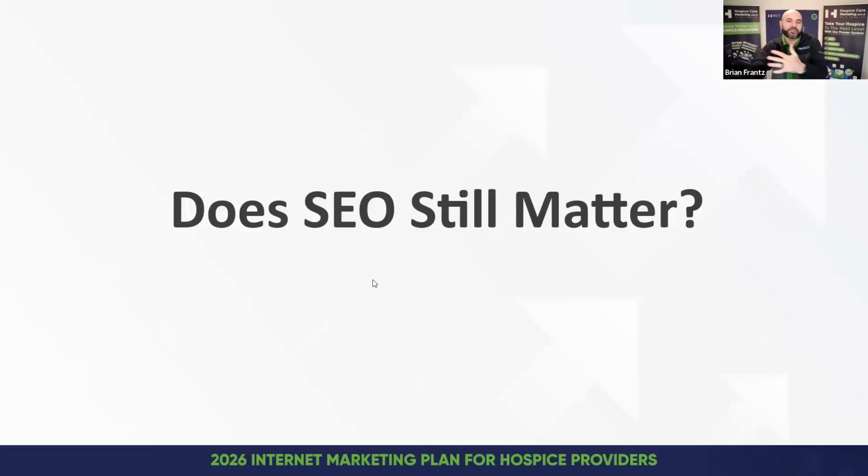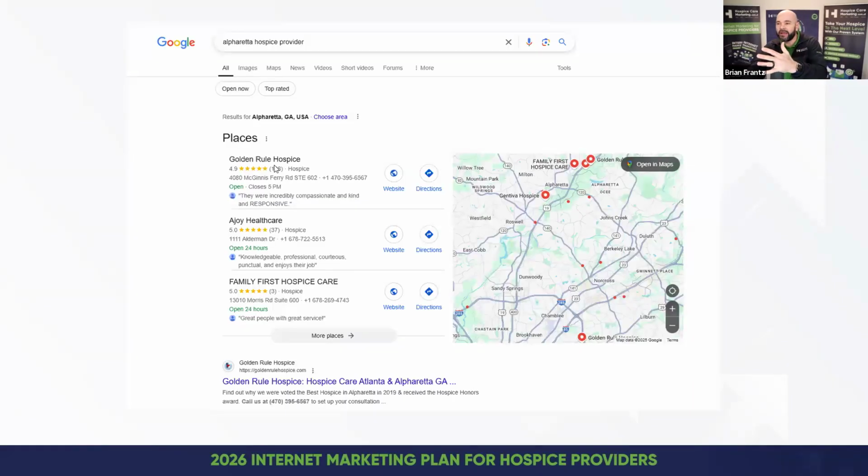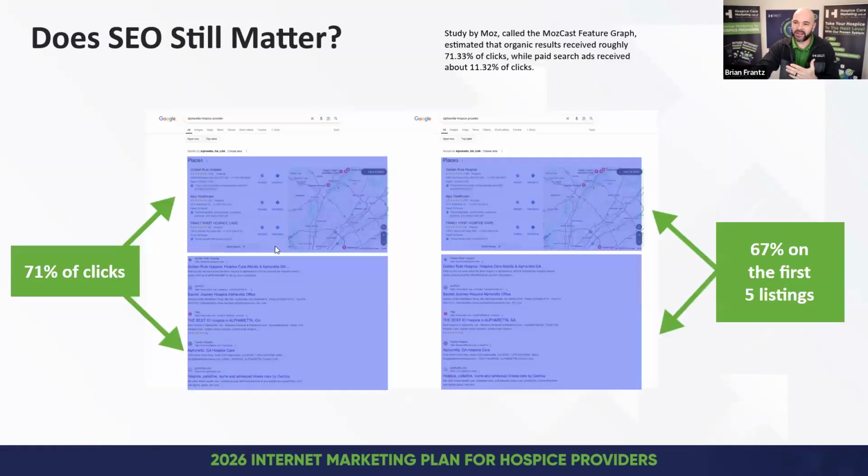Does SEO still matter? Okay, and what we see, these are current numbers. Okay, 67% of the searches, right, that they land on the first five results.